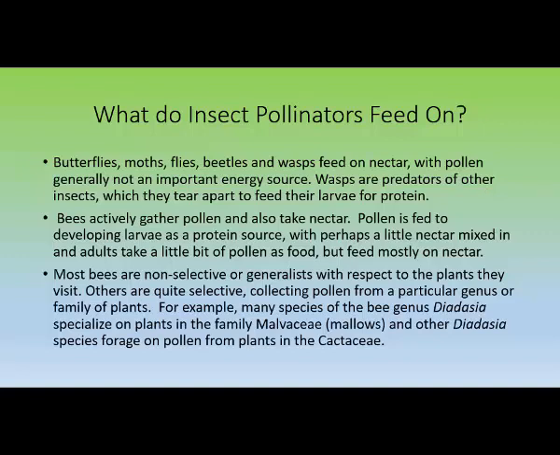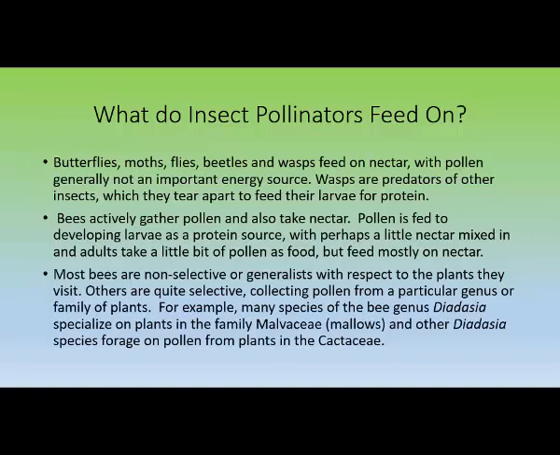They're predators because they're going to take that insect right to feed protein to their larvae. The adult wasps are nectar feeders. So now the bees are actively gathering pollen. The pollen is going to be for their larvae.